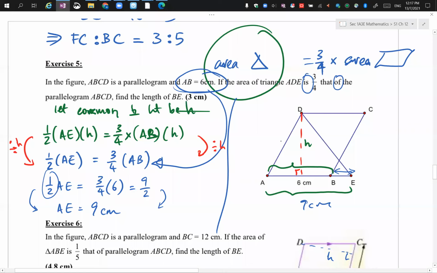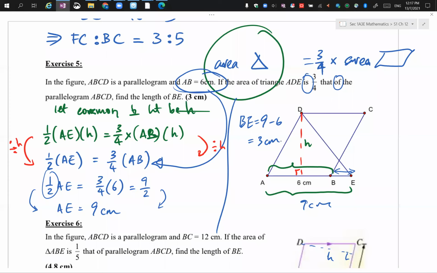Another method. Do you want to share? Can you show it to me? Instead of trying to find that, I find the percentage of this. Because they say that the area is ADE. So then I realized that if you make this a rectangle, then this is 3/4 of this.